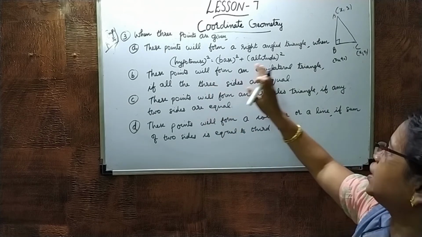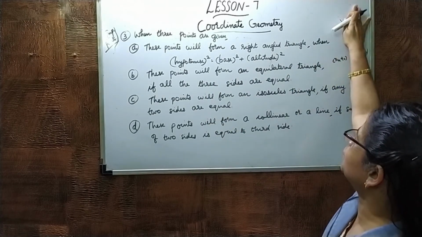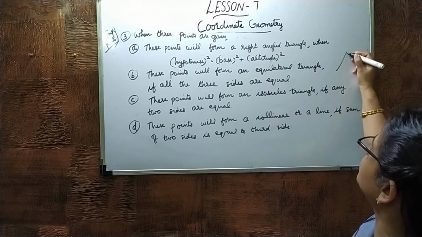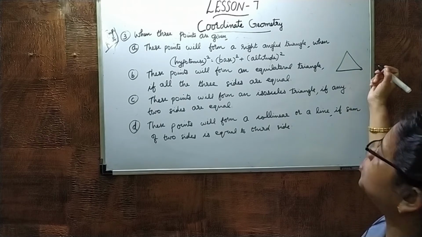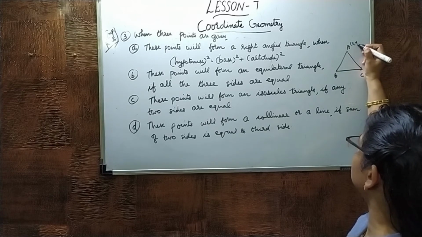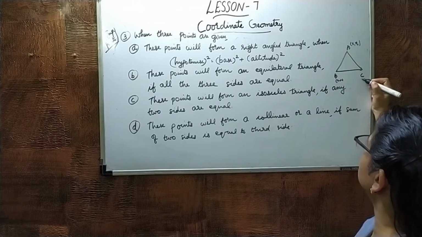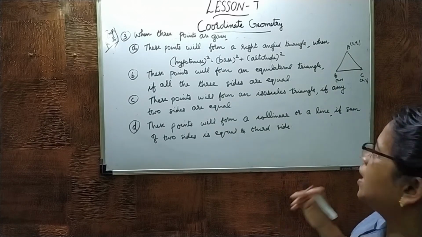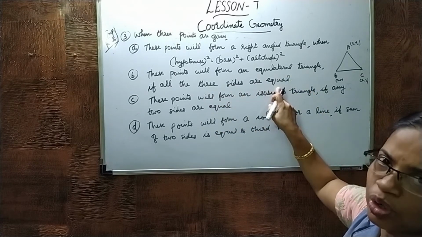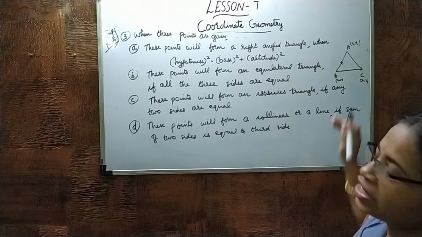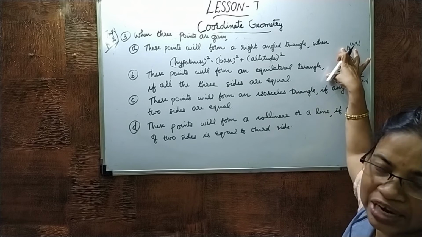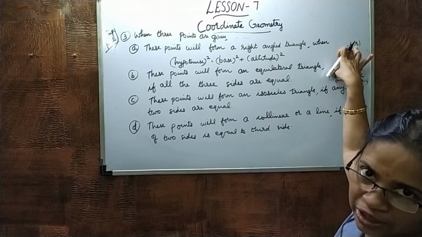Next one, again 3 coordinates they will give you for a triangle, and we can say if they form an equilateral triangle. Equilateral triangle means what? The 3 sides should be equal, right? So here it will be A, B, C, and here x1, y1, here x2, y2, here x3, y3, right? These points will form an equilateral triangle if all 3 sides are equal. Sides means what? In the Cartesian plane, it is the distance between 2 points. That will be the side AB, right?